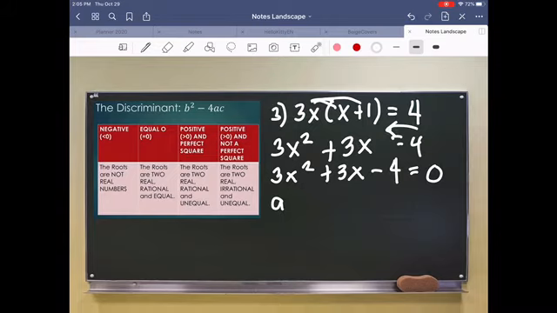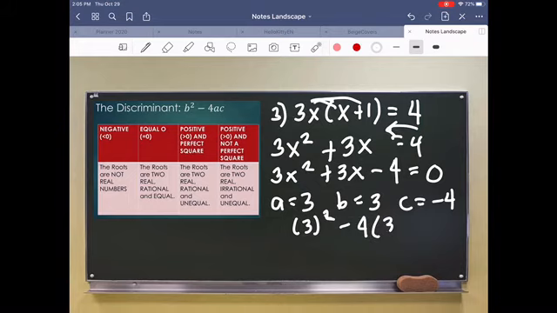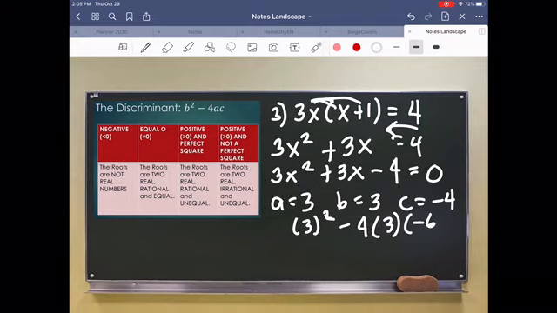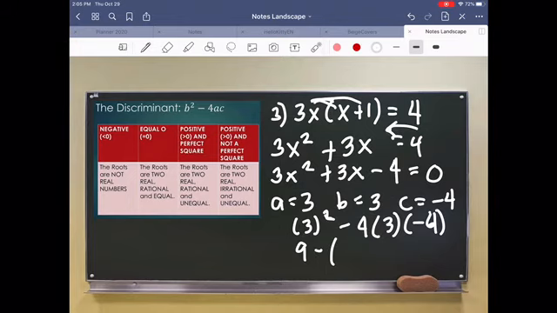So, a is 3, b is 3, and c is negative 4. Okay, and then we substitute it in the formula ng discriminant. So this is 3 squared, kasi nga b squared, minus 4 times 3 times negative 4. Okay. So 3 squared is 9 minus 4 times 3 times negative 4.